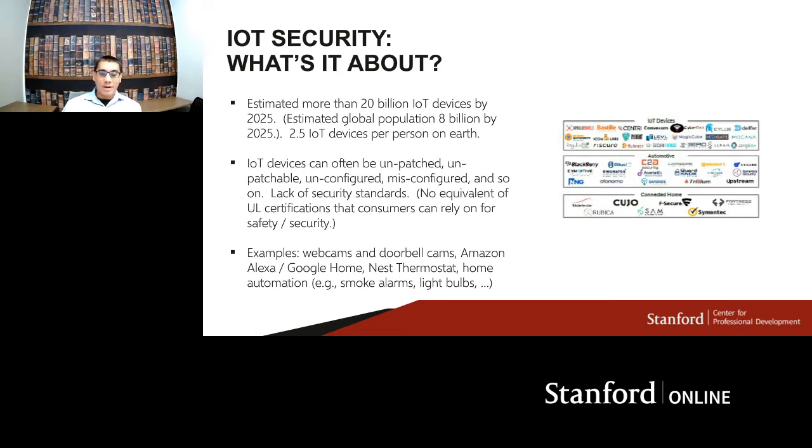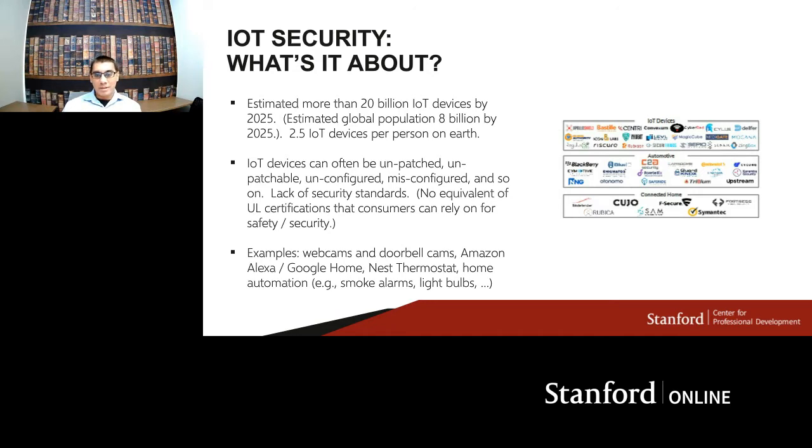Think about all the devices in our homes these days: webcams, doorbell cams, Amazon Alexas, Nest thermostats, all kinds of devices that plug into your home automation system, whether they be sensors like smoke alarms or devices that do something based on sensor data like light bulbs.